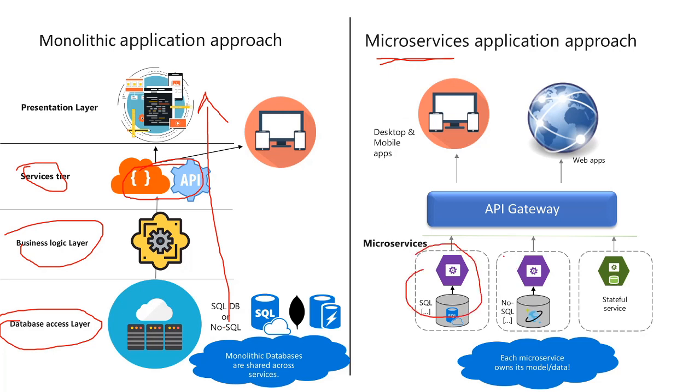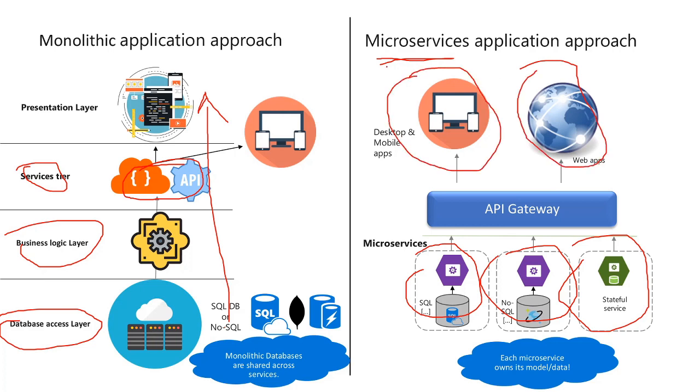This is the first service, this is the second service here, and the API gateway ensures the communication between the web part and the desktop part. Here we have the presentation layer. Each microservice is a small application that has its own hexagonal architecture consisting of business logic along with various adapters.